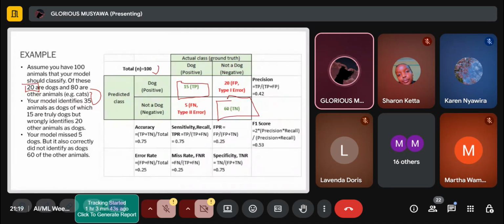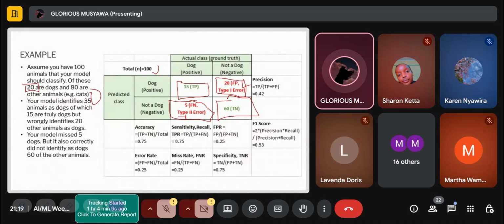So far, it's not bad. But now we have 20 misplaced classes. My model has predicted that these ones are dogs where they're not dogs. And my model has said this one is not dog where they're actually dogs. I hope now I have brought the clarity.